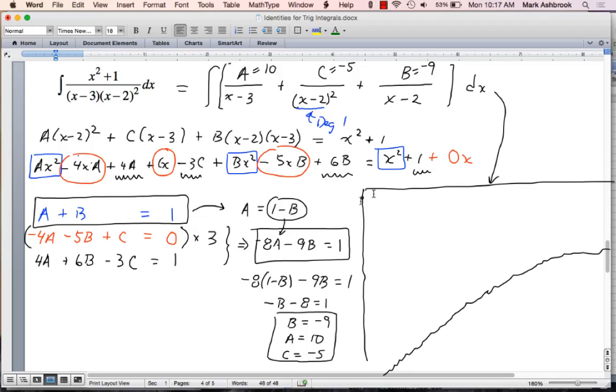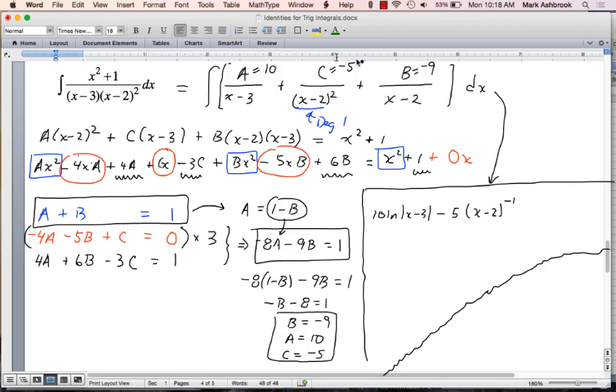So it's going to be 10 times natural log of x minus 3. And then minus 5 times natural log? No, it's x minus 2 squared in the denominator. So I'm going to do what? I'm going to raise the power. I'm going to do x minus 2 to the minus 1. And then we think about taking the derivative.